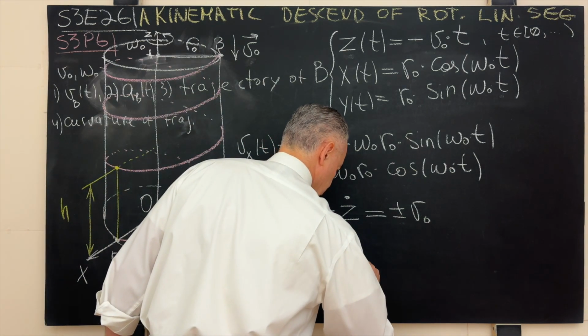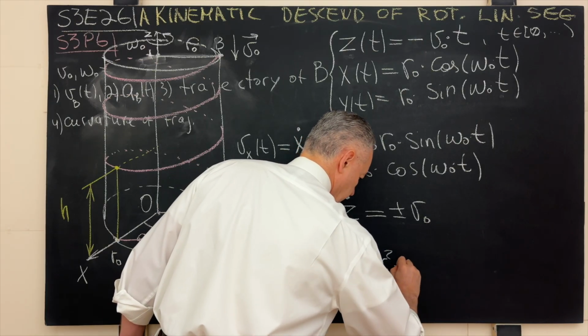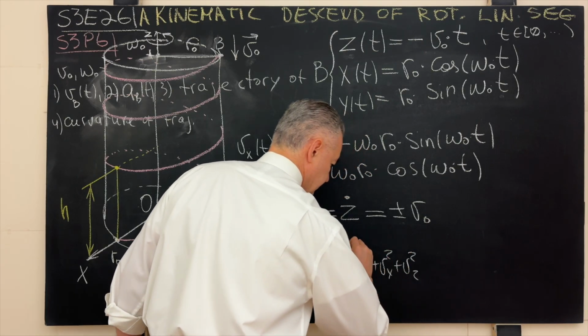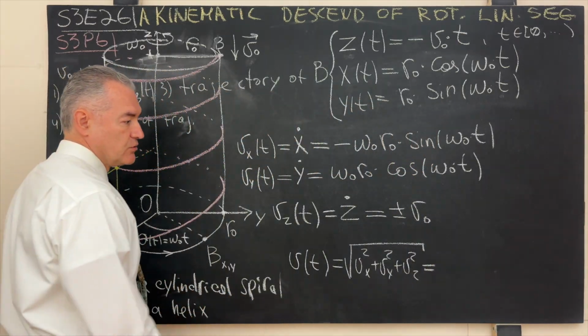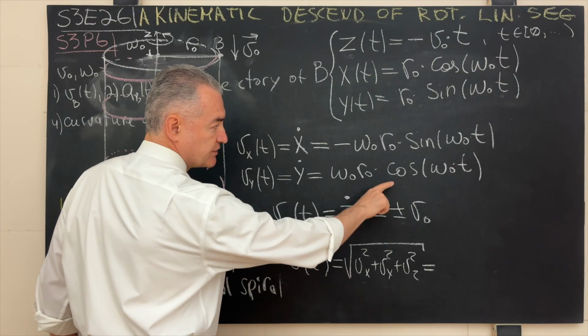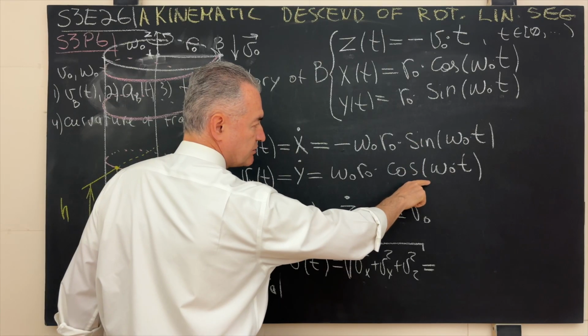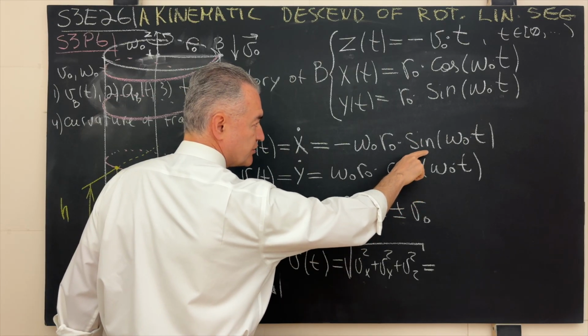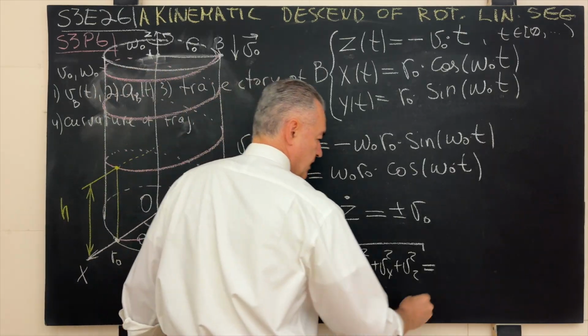This is the square root of v squared x plus v squared y plus v squared z. And what do we have again? Look at the pleasant sum of squares. Here the negative sign evaporates. The sine squared and cosine squared fall into the positive unity.